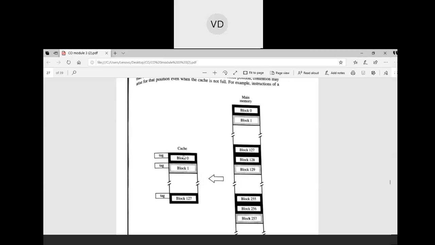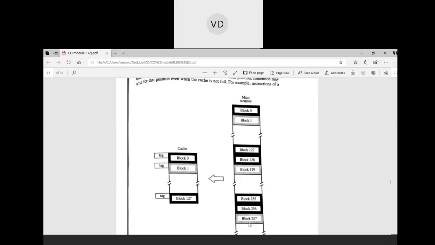Next, coming to block number 1. What is 1 modulo 128? 128 is the size of the cache memory, the number of blocks present in the cache memory. And 1 is the block number in the main memory. So 1 mod 128, what is the remainder? It is again 1. Next, 129 mod 128, remainder is 1.